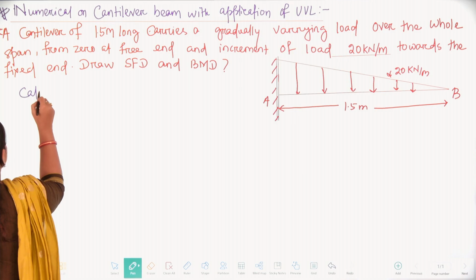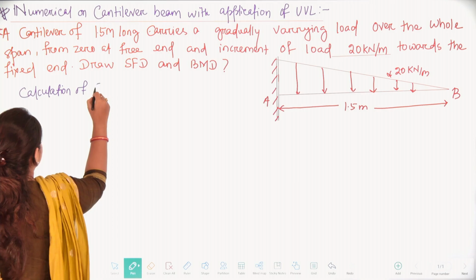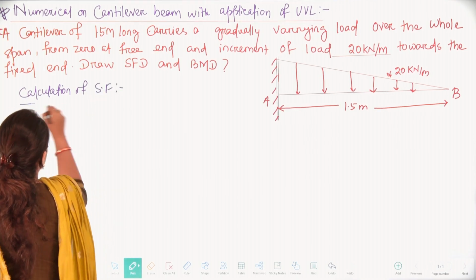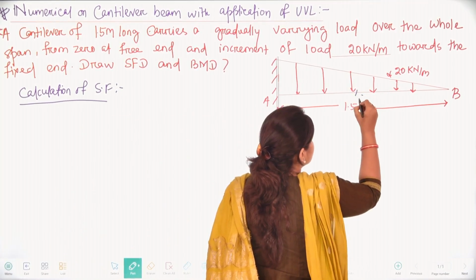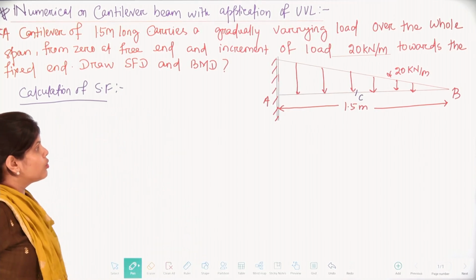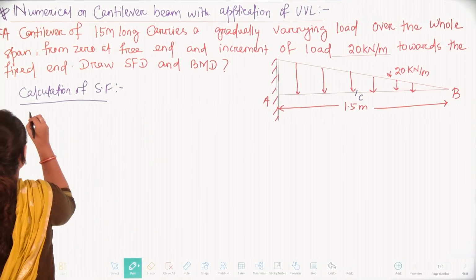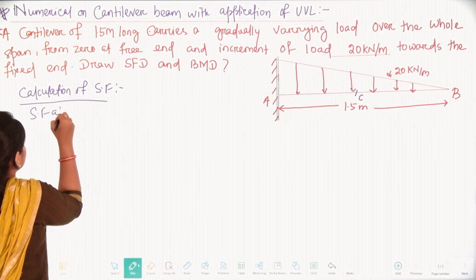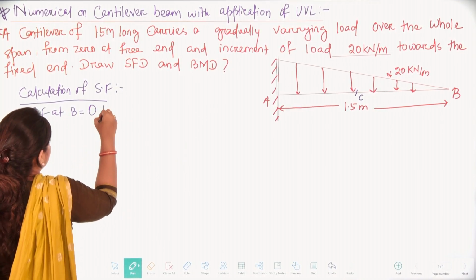the calculation of shear force. As you can see here we have only 2 points. Let's name the midpoint as C. First we will find the shear force at A, B and C. The shear force at B will be 0.